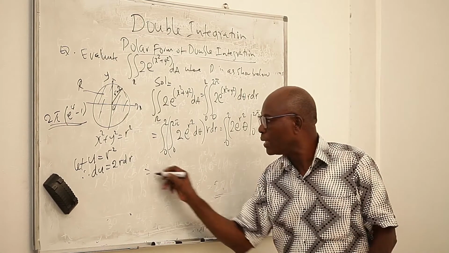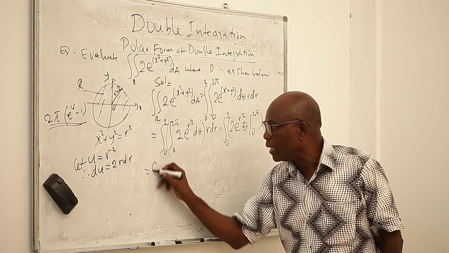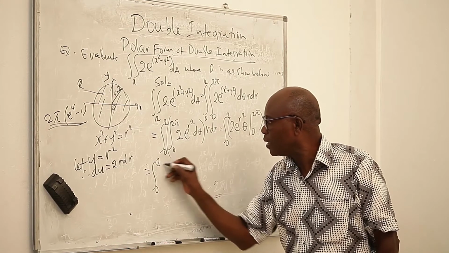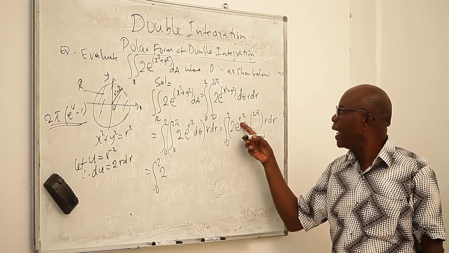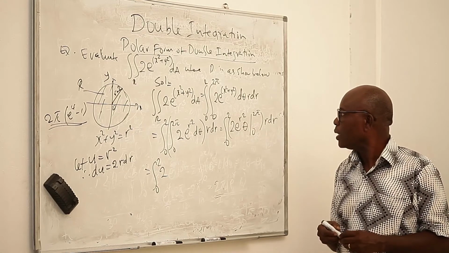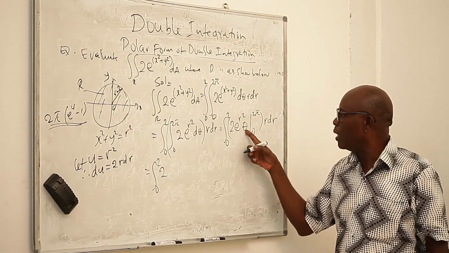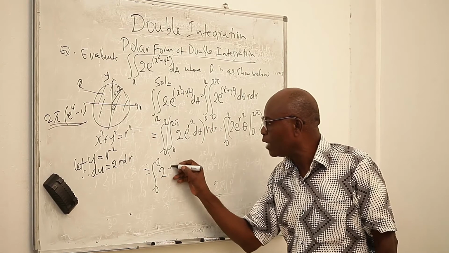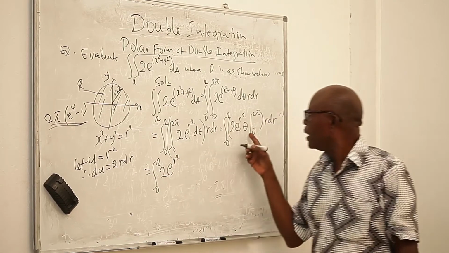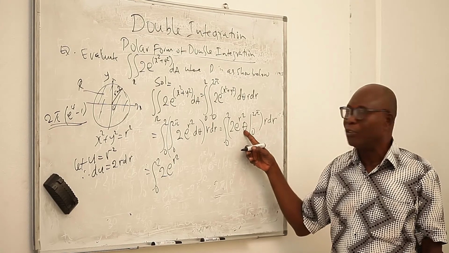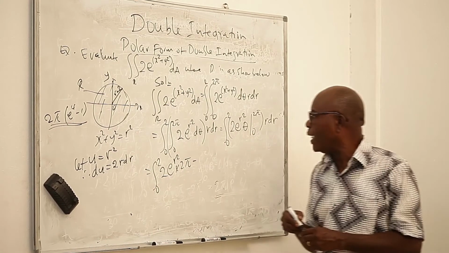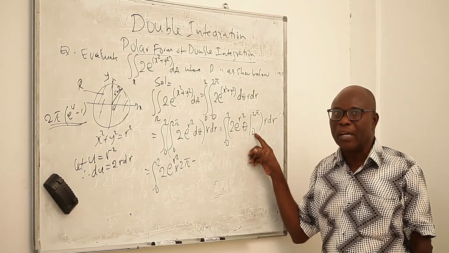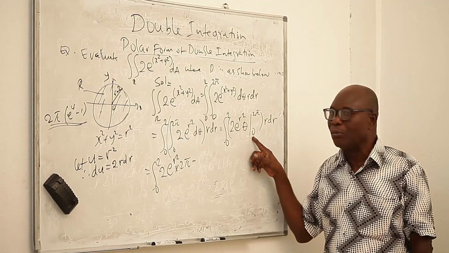And so let's put in the upper limit. The upper limit for theta is 2π, so we have 2e^(r²) times 2π minus the lower limit. The lower limit theta is 0, so if you put 0 here, everything will vanish.